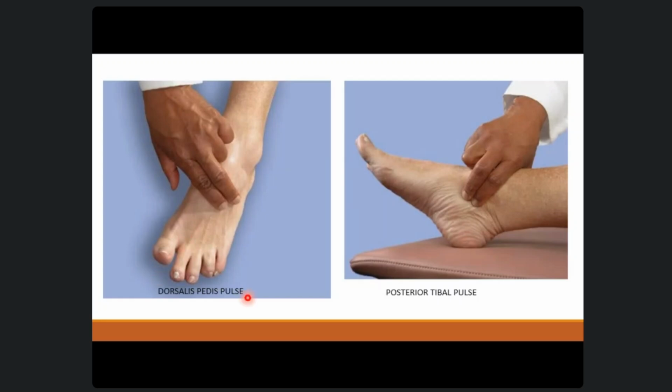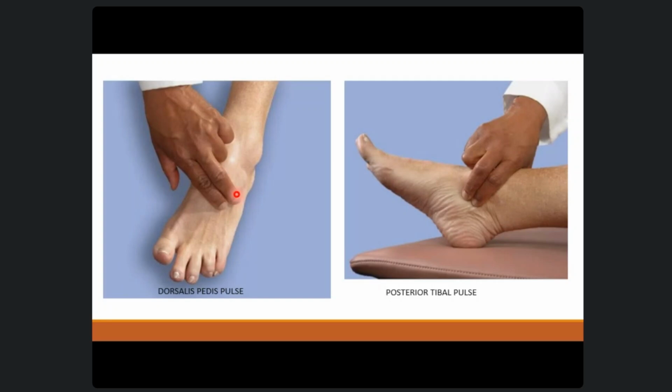Okay. So this one. So this is your dorsalis pedis. Basta sa big toe, just locate your big toe and lateral to it, when you ask the patient to flex, sa lateral siya na aspect on the dorsum of the feet, you locate your dorsalis pedis.